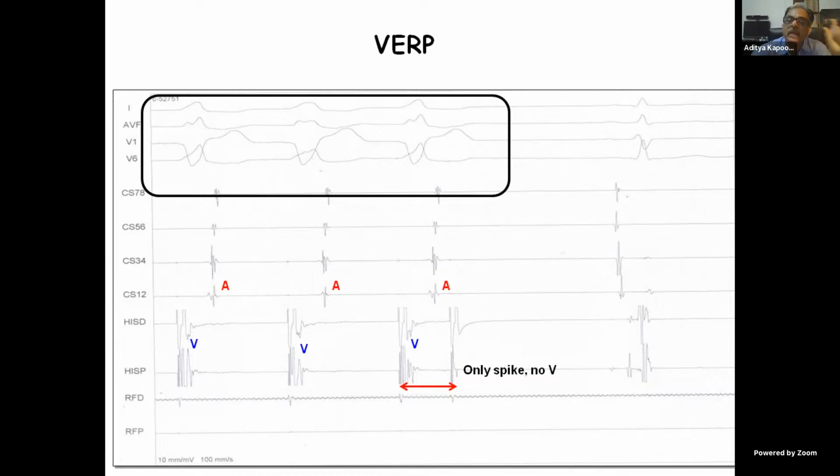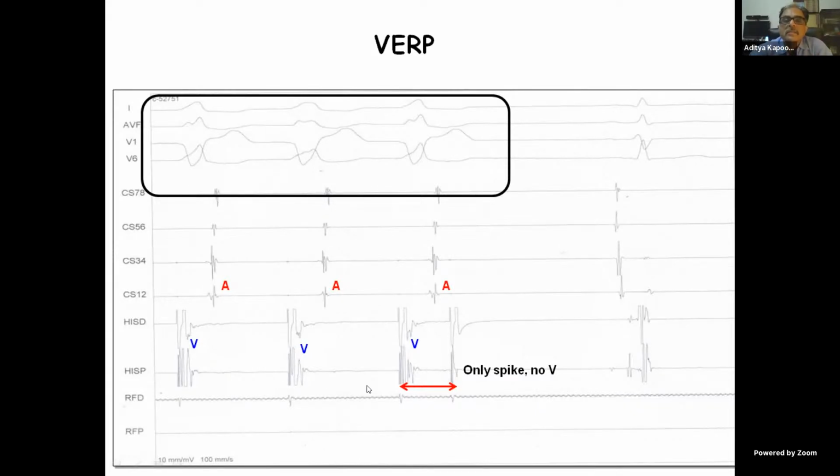The earlier one was VAERP, that is, you get a pacing spike and a V but no A. At some point you will only get a pacing spike and you will not get a V also, so that becomes the VERP. Another important point: Devavrat and guys, you are seeing here, after the pacing spike there is noise, so that means there is some signal.